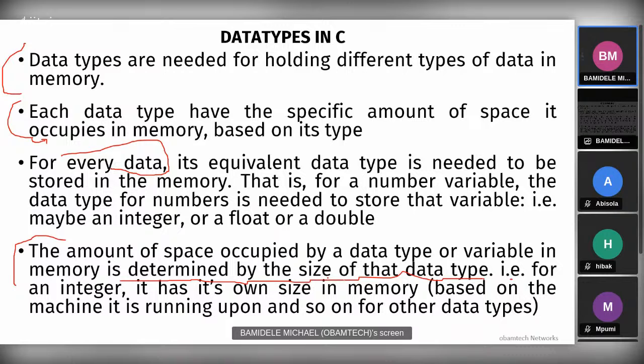The size of a particular data type, or the amount of space a particular data type will occupy in memory, is dependent on the type or the kind of modifier used. We have modifiers in C and we have qualifiers in C. In a minute, you are going to see what we are talking about.